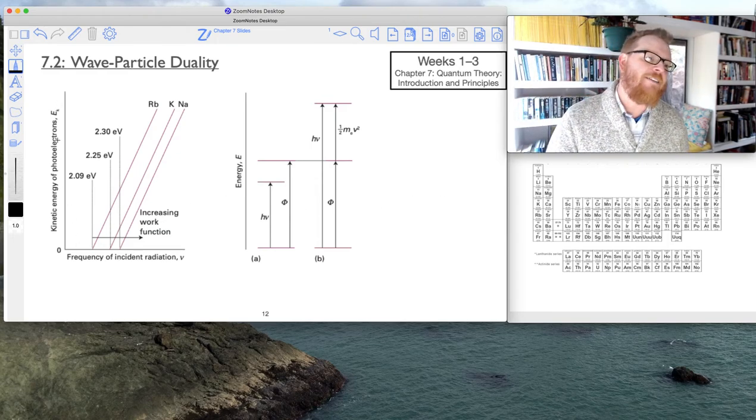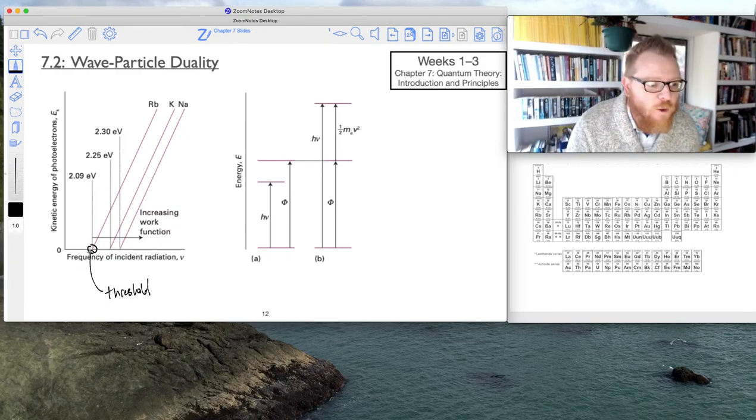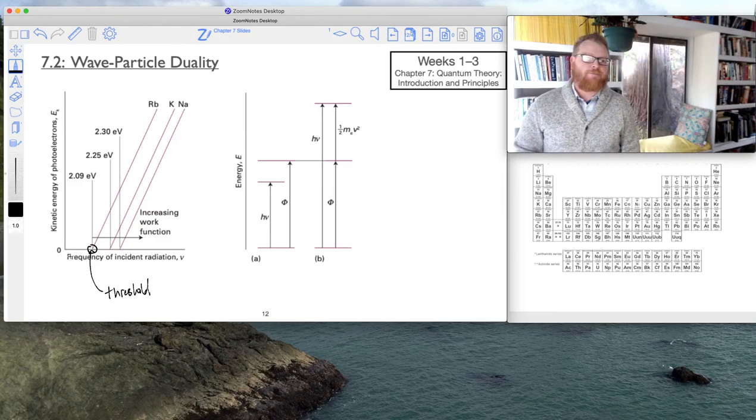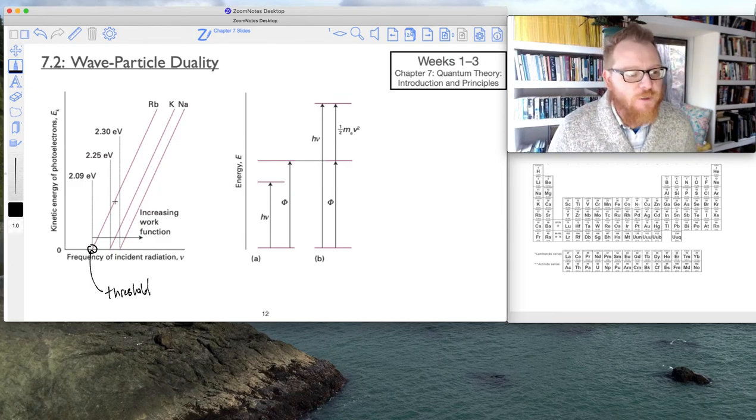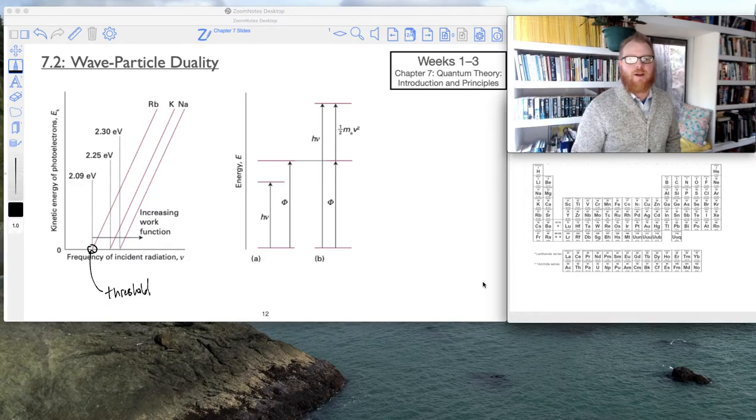So on the y-axis is kinetic energy of the photoelectrons, okay? And on the x-axis is the frequency of incident radiation. And what's pretty cool here, I'll circle this right here. So there is our threshold, right? Because that corresponds to 0 kinetic energy of the electron. And if we follow this line, here I'm picking on the rubidium line, and you can see I've got my periodic table in front of me right there, rubidium.